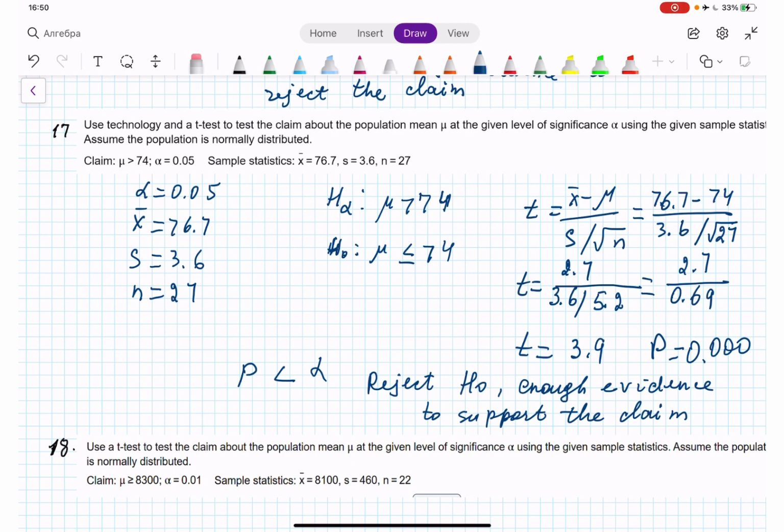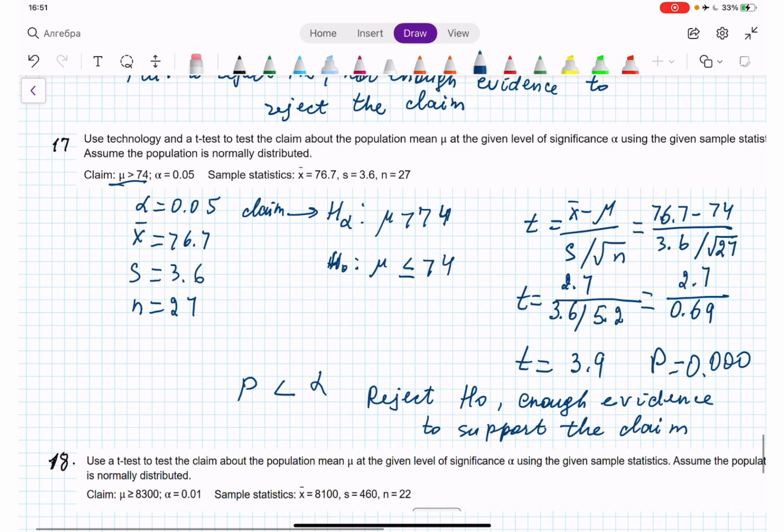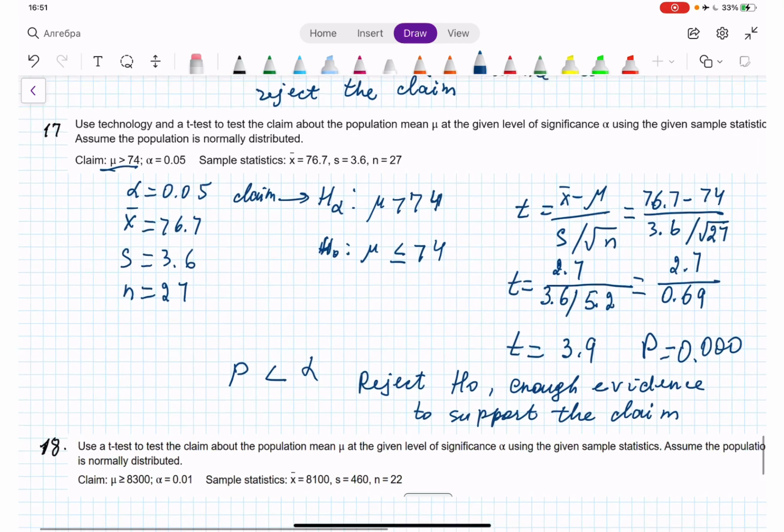So why did I put that there is enough evidence to support the claim? Because our claim is the alternative, right? This is our claim, here it is. It says greater than, which is, oops, I thought this one is the alternative. No, this one is the alternative. This is our claim. My handwriting is just horrible. This is our claim, and it's a right tail test.